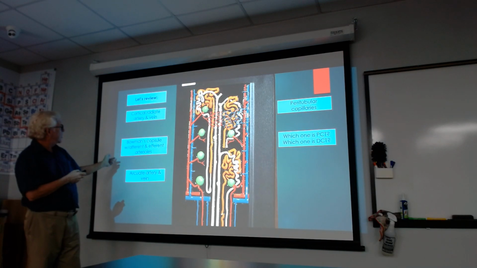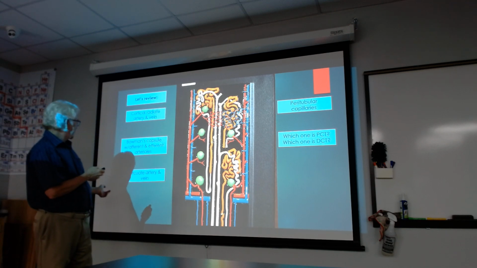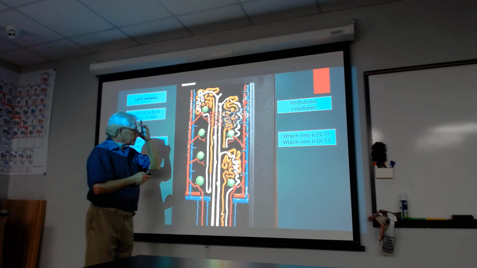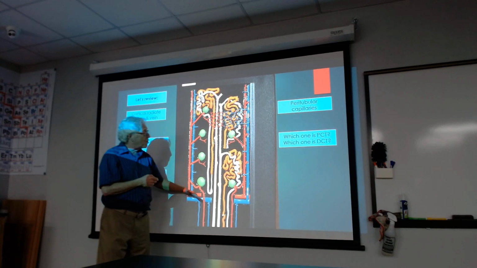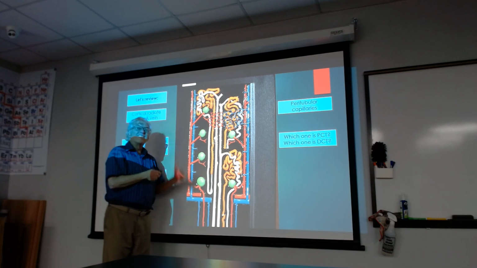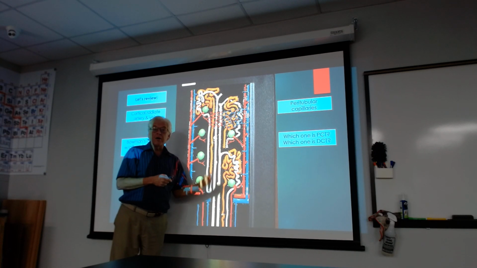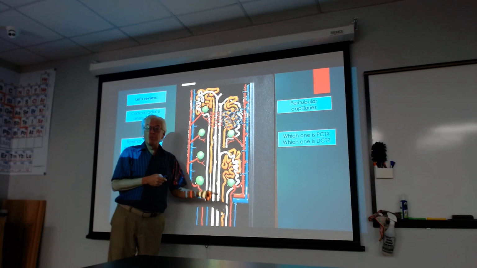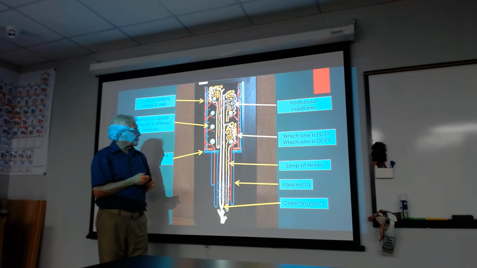Okay. Well, this is a cortical nephron, because most of it, including the loop of Henle, is in the cortex. But the one that's really deep is called a juxtamedullary, next to the medulla nephron.